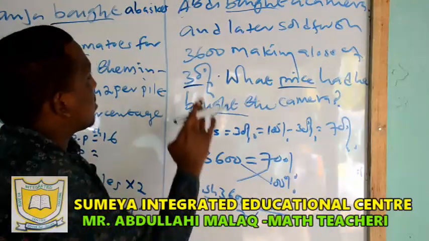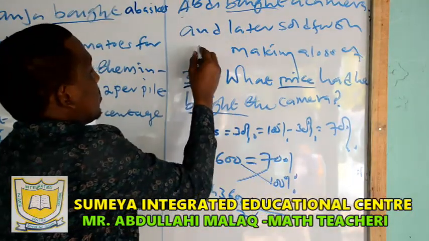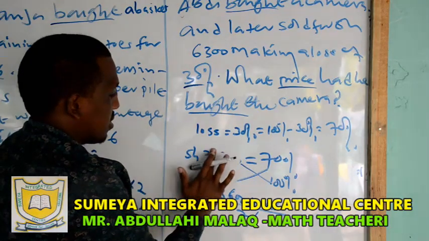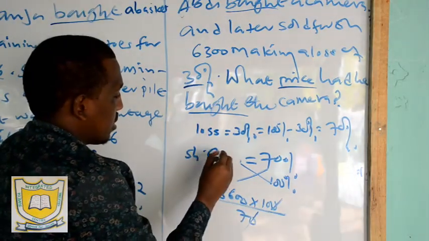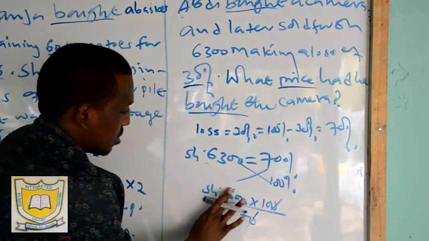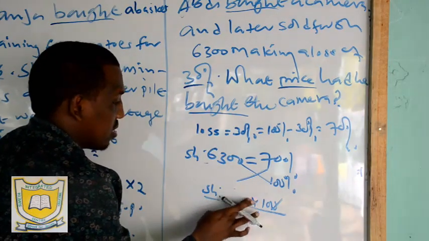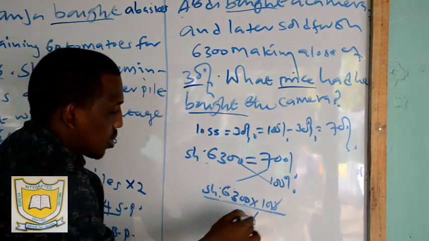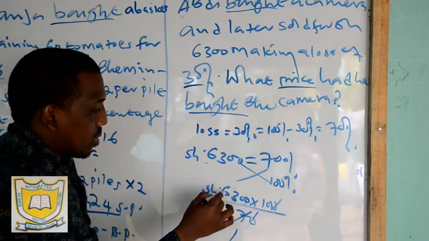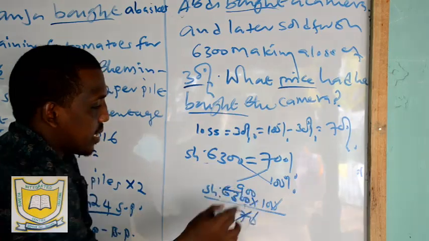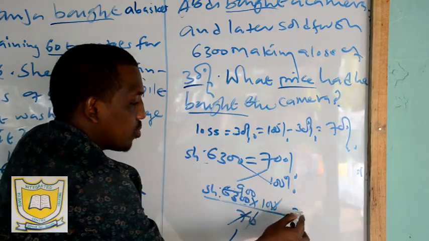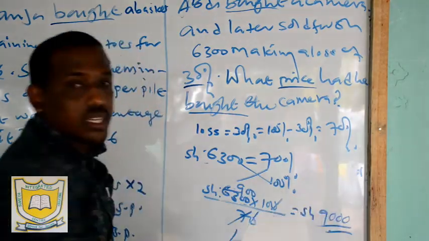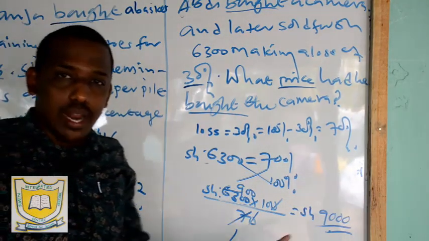Sorry, it's not 36, it's 63. It is 6,300. So cancel, cancel. 63 by 7 is 9, so 900. 900 times 10, you will get shillings 9,000. That is how we get the buying price.